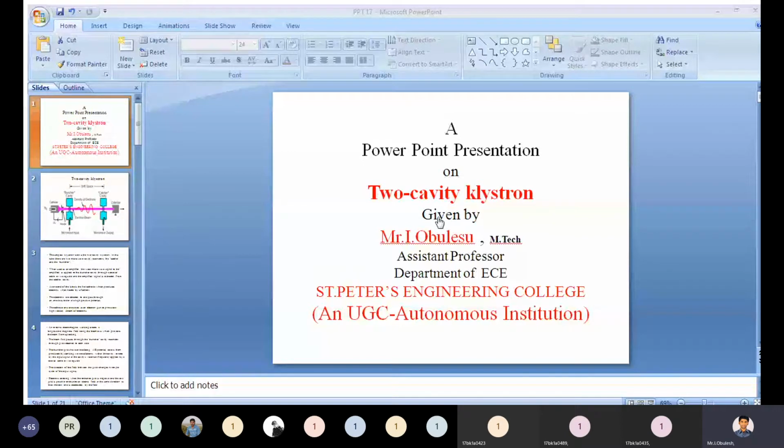The electrons thus do work on the electric field and are decelerated.